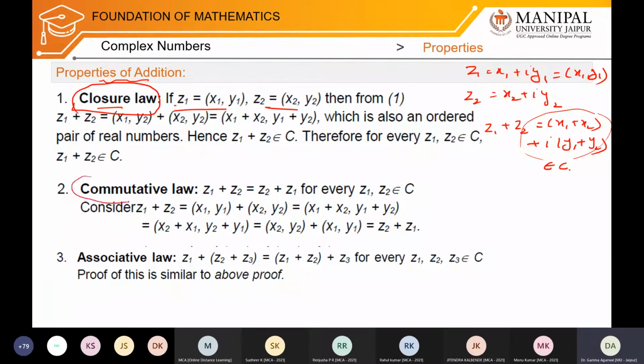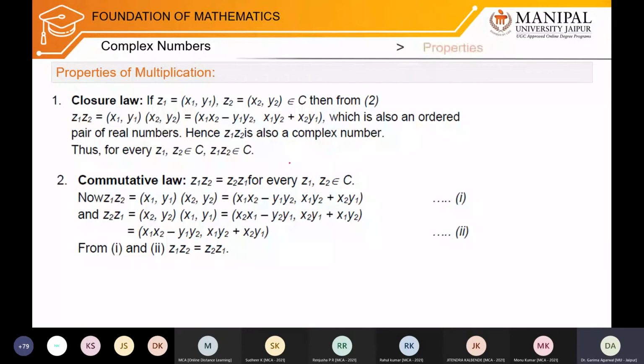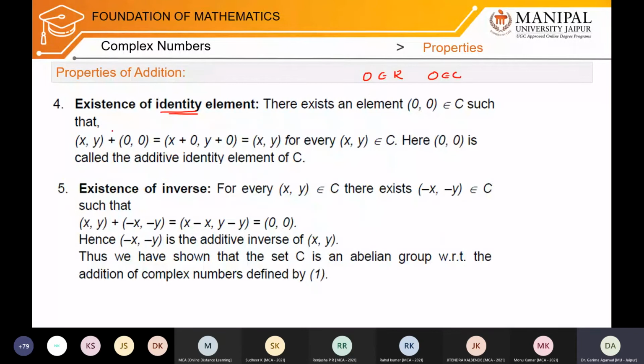Then commutativity, again complex numbers are commutative for addition. If we operate z2 plus z1, we'll get the same value, right? Also complex numbers satisfy associativity for addition. Then existence of identity. 0 is an element of real numbers and 0 is an element of complex numbers as well, right? So for addition, we know that 0 is the identity element.